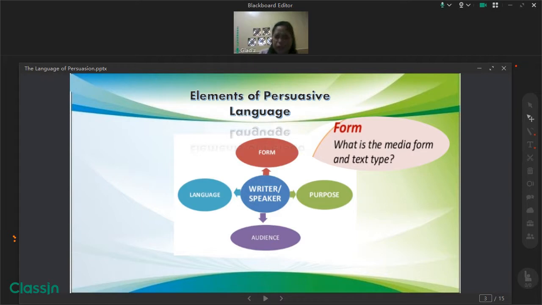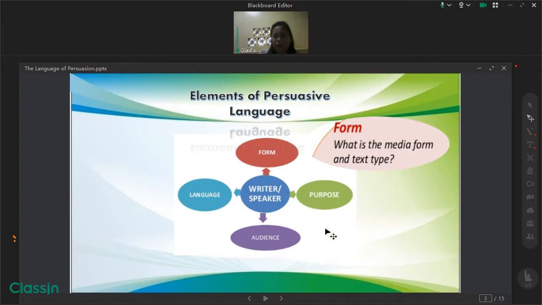For example, a newspaper, television, an editorial, a news story, or radio. So when we talk about the persuasive language element of form, it talks about the media that you use or the text type that you use. Can you also use it in online discussions, or what are its special features?